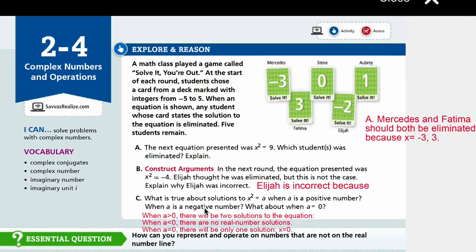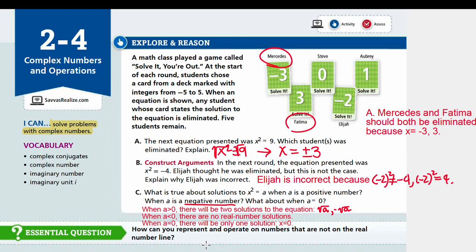Okay, so the essential question for this lesson would be, how can you represent and operate numbers that are not on the real number line? We're going to think about some possibilities that are not on the real number line, which means we're not going to think about real numbers. We're going to think about possible solutions for non-real numbers. Is that even possible, right?